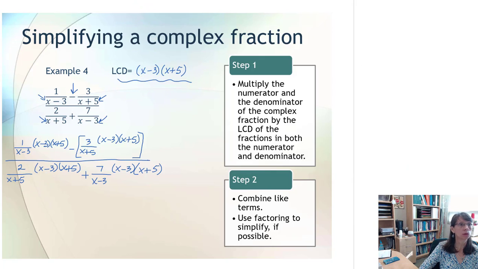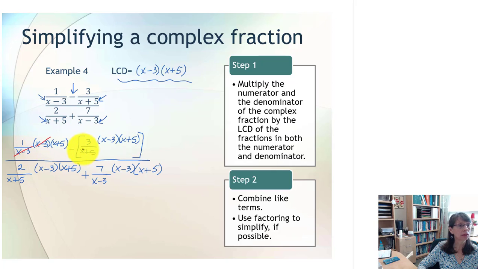Now let's see what will reduce. I have a quantity of x minus 3 in the numerator reducing with quantity x minus 3 in the denominator. So do you notice how there's no fraction remaining in that first term? That was the purpose for multiplying each term by the lowest common denominator.